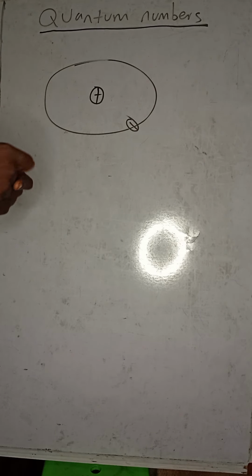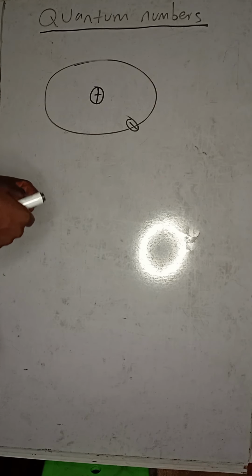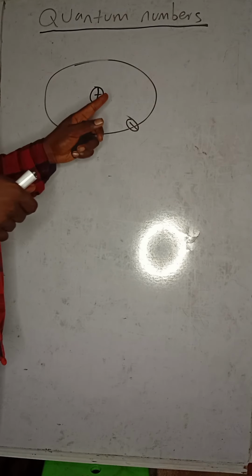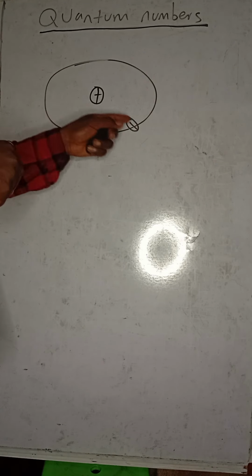According to Schrodinger, de Broglie and Werner Heisenberg, these electrons moving around the nucleus behave like a wave, and according to Heisenberg it is difficult to know their exact position or location.